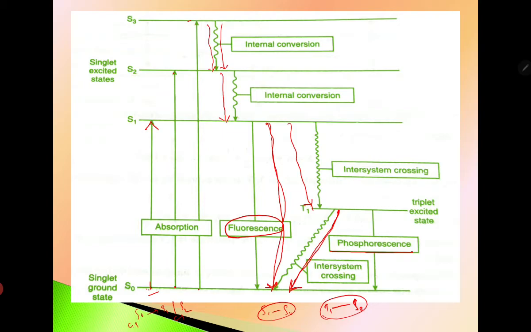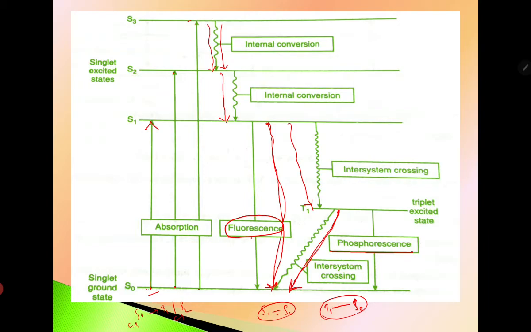And if you remember, we also call phosphorescence slow fluorescence, because in fluorescence the electron is directly getting deactivated from S1 to S0.